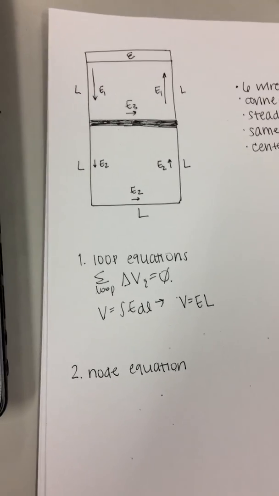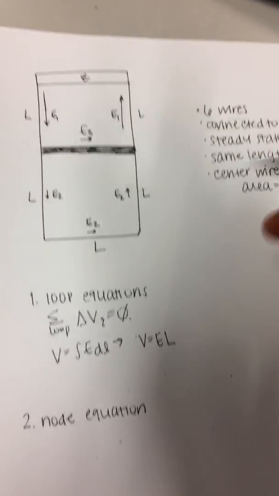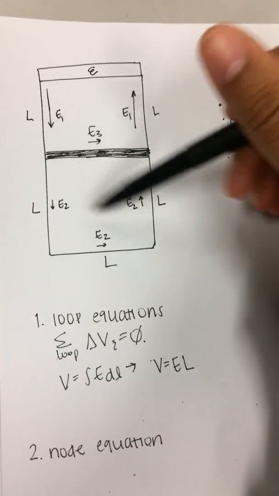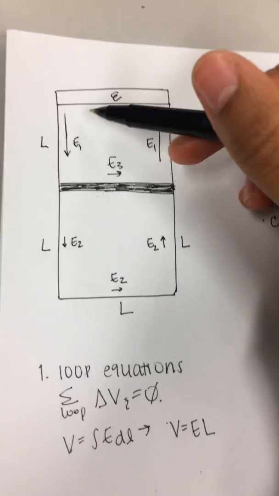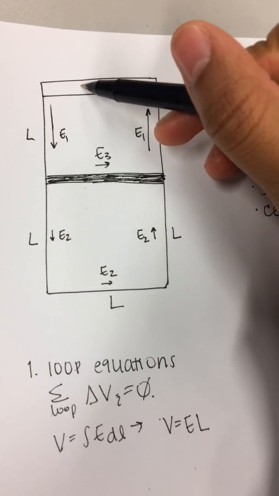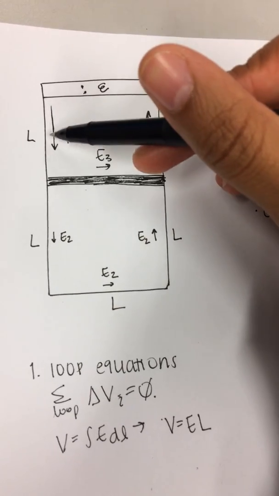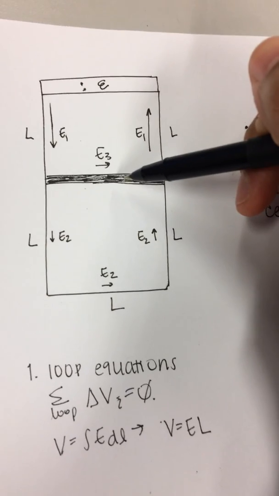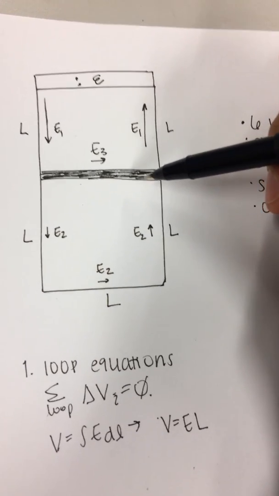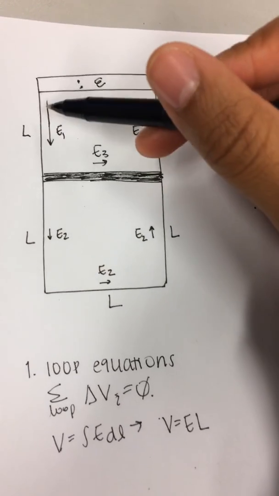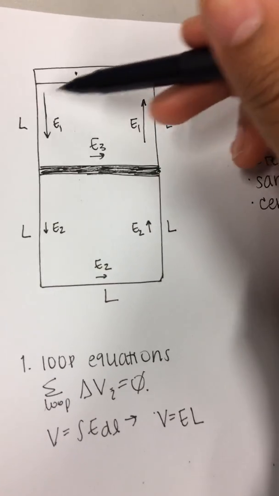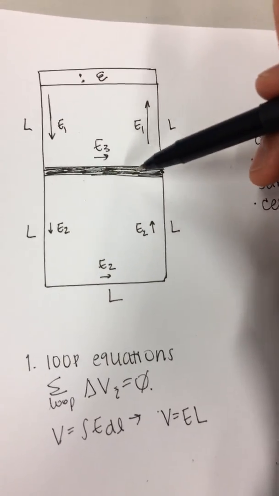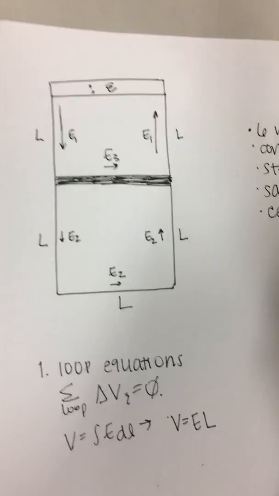Moving on to find the loop equations for this, you can start with the upper loop. You start with the EMF. So EMF minus E1L minus E3L minus E1L, since they're all the same length, they would all be L. So EMF minus E1L minus E3L minus E1L equals 0.